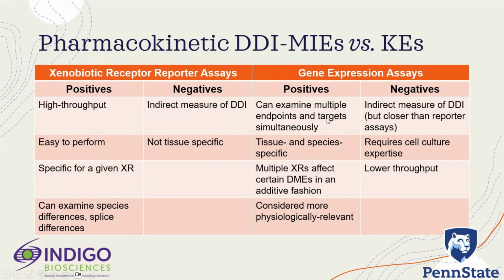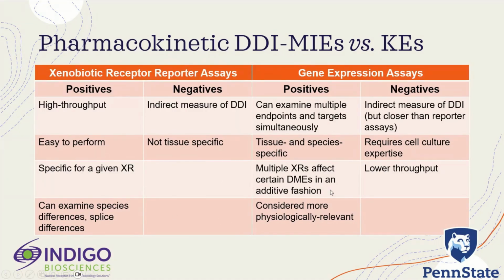With gene expression assays, you can look at multiple targets at one time. You could look at PXR, CAR, AHR, FXR, all at one time just by looking at the different targets that are being regulated by each of these receptors. You can look at different tissues and species when you're doing these gene expression assays, depending on what cell model system you're using.